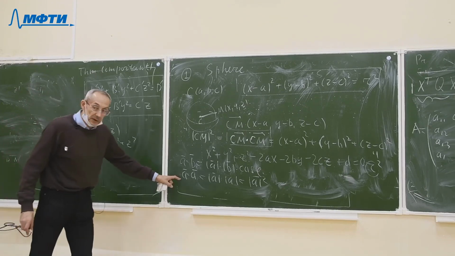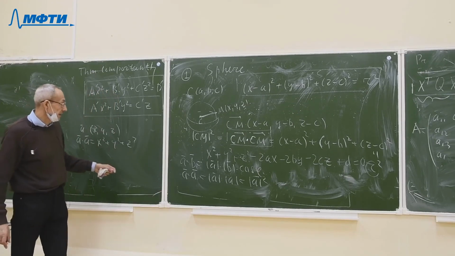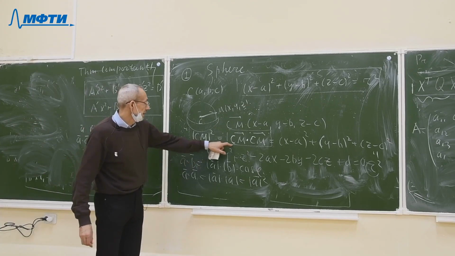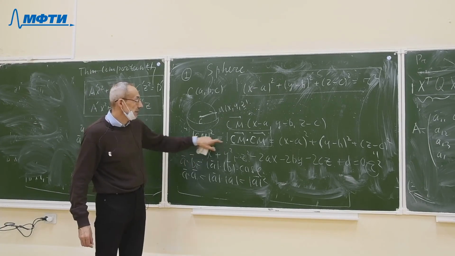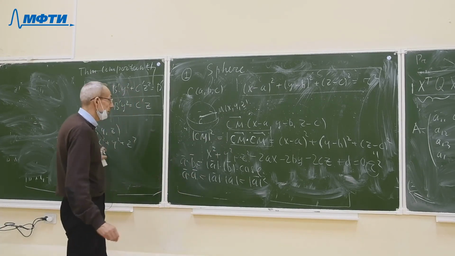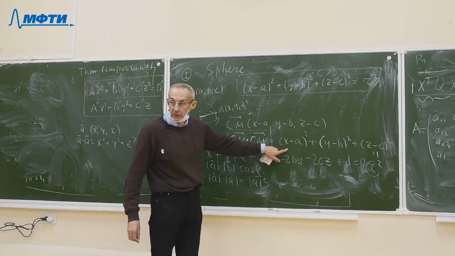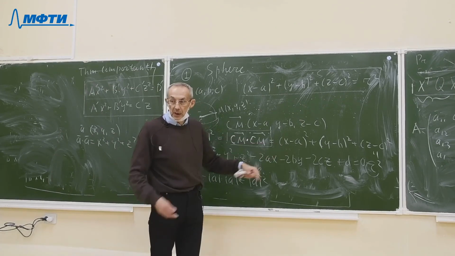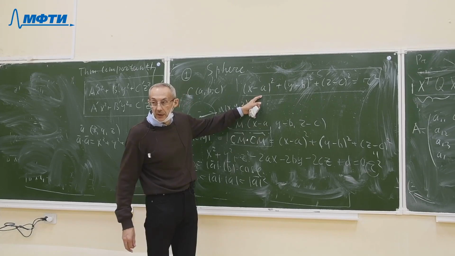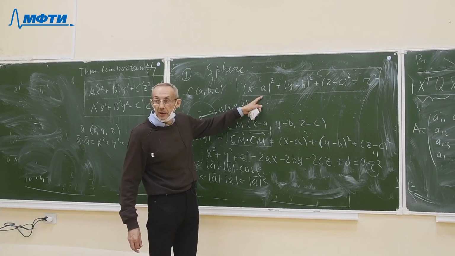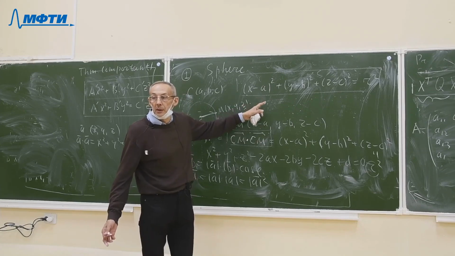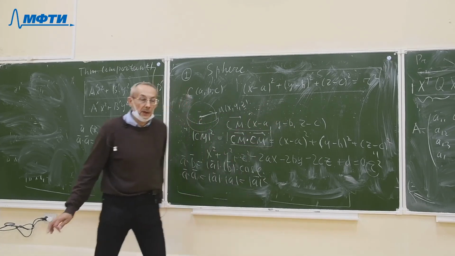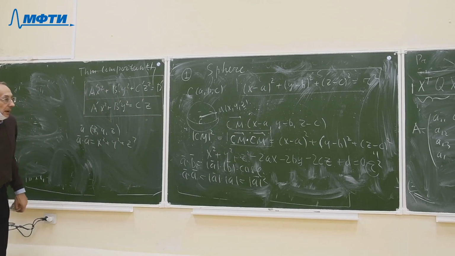This formula gives us the first equality, and this formula gives us the second equality. And we obtain the equation of the sphere. As a result, we obtain the equation of the sphere using the definition of the sphere. Do you understand? Yes, thank you.